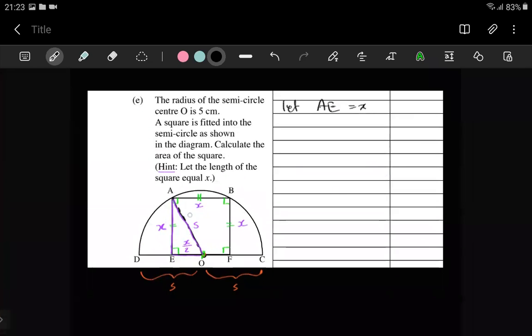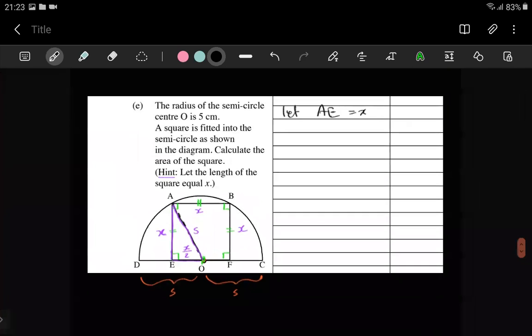So the modifications you put on your sketch, they'll be able to see them. But I think referencing them is always good. Let AE equal to X, and then as long as AE is equal to X, it means that therefore OE is equal to half of X.